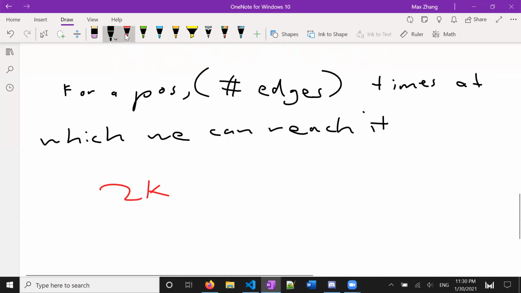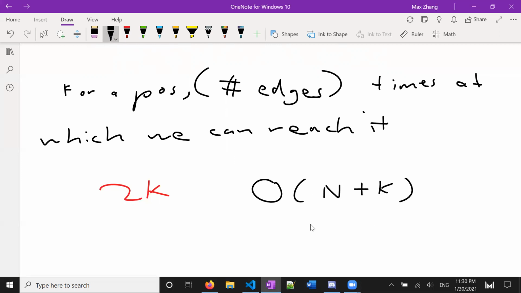So there are only a total of O of n plus k nodes. And so the complexity is reduced to O of n plus k, because each node is part of some cycle, and we can process all the cycles also in linear time.